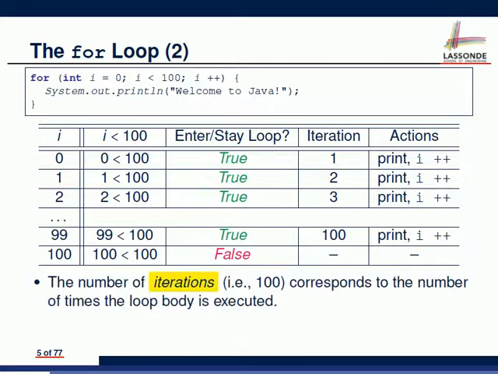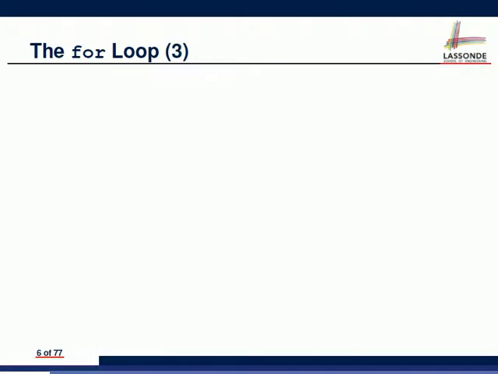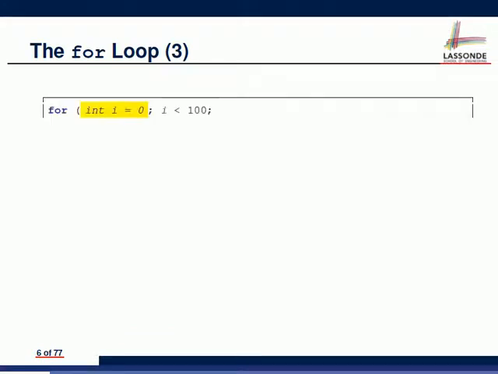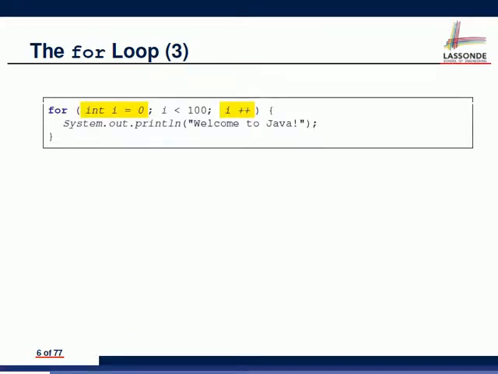Okay, let's continue. Let's now consider for loops. Again, this is some review. If I have this for loop over here, you have the freedom to actually move the initialization part outside and also move the update part to the end of the body of the loop.